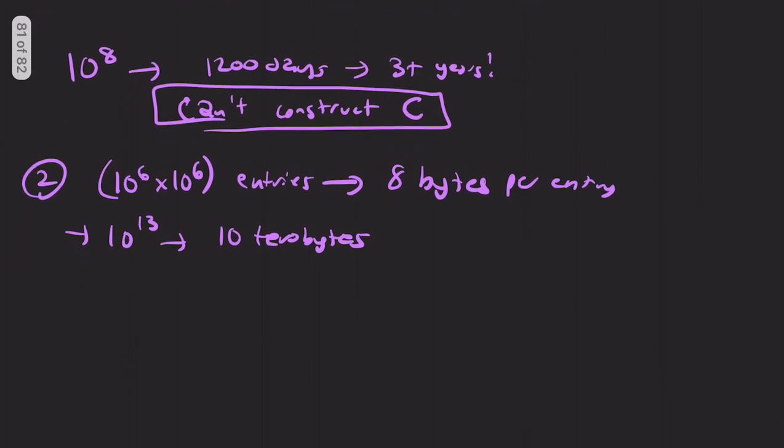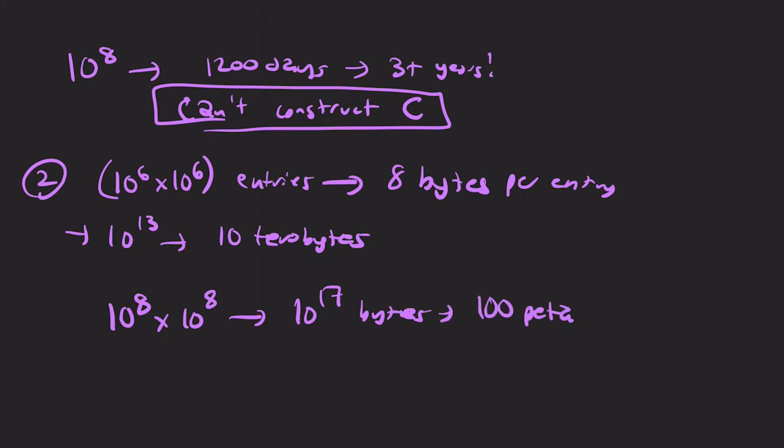If we crank this up to something quite interesting, like a global seismic inverse problem or something, let's say it's 10 to the 8th. 8 bytes per entry, so that we multiply. So that's 10 to the 16th. 8 bytes is roughly 10, so that's 10 to the 17th bytes. That's 100 petabytes.